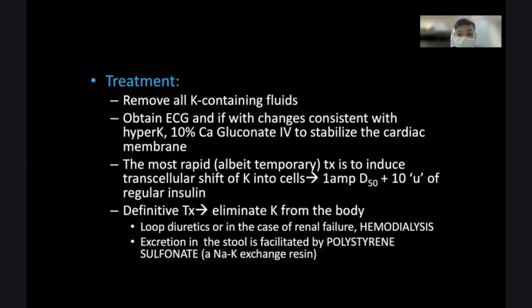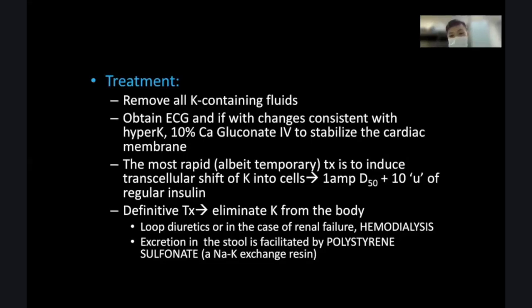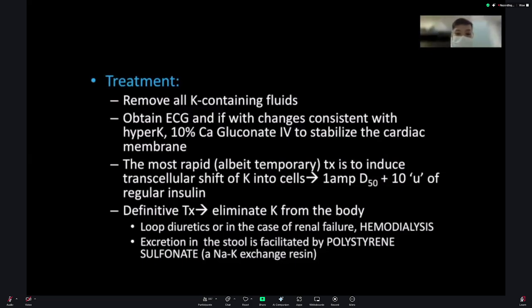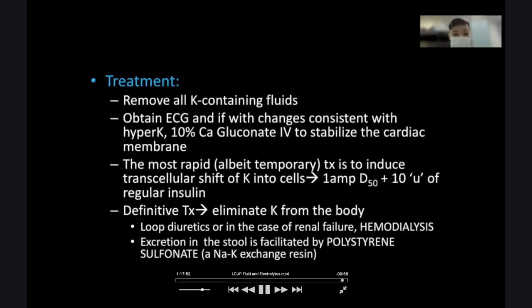What happens here is that the insulin acts as a co-transport, and the potassium will go inside the cell. So from the extracellular fluid compartment, it will go to the intracellular fluid compartment, decreasing the serum potassium.